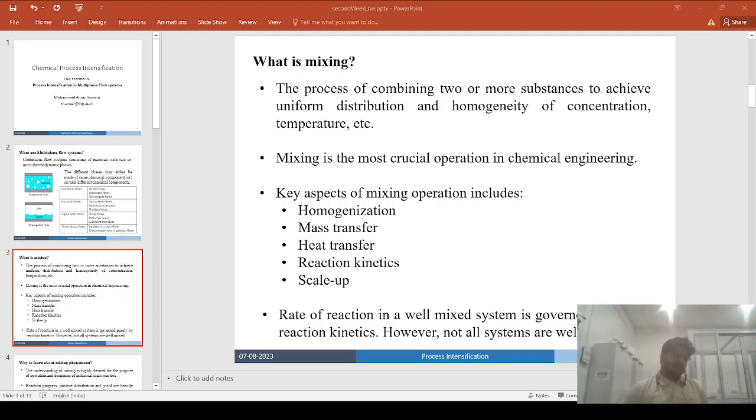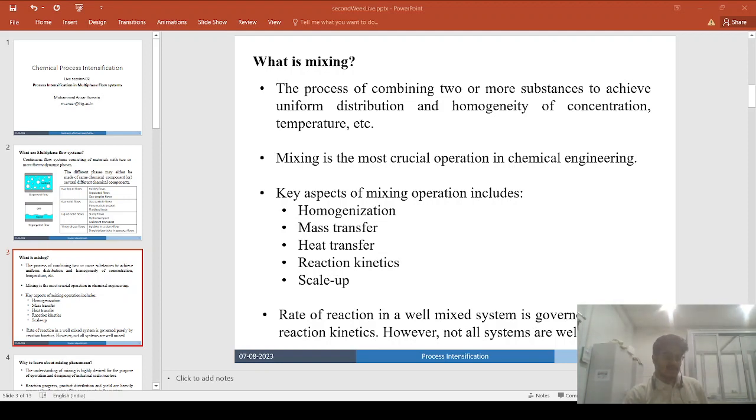So the key aspects of mixing is, how well can you homogenize. The two immiscible phases can be classified as a heterogeneous system. If you perform mixing, you are basically trying to make the mixture homogeneous.